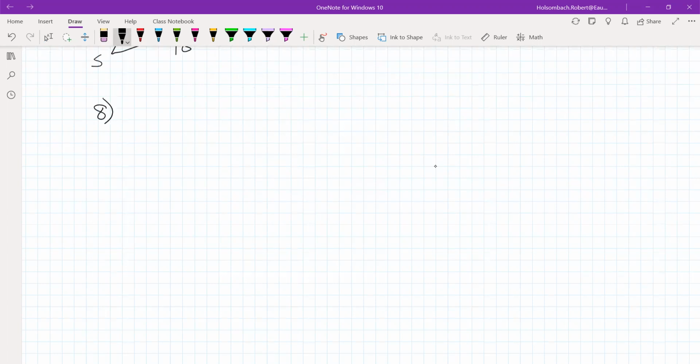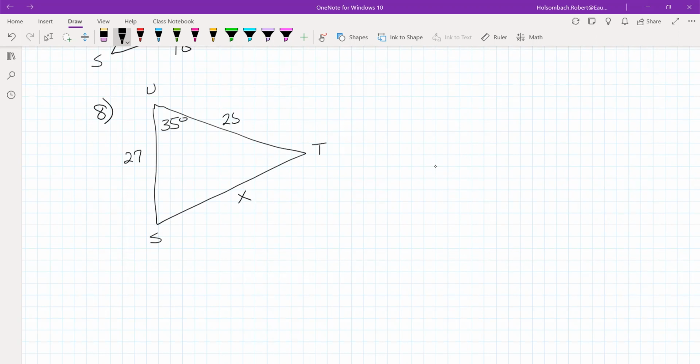We got problems 8, 9, and 10 left. So we're just about through this. So we got triangle UST again. Angle U is 35 degrees. Side ST is what we're trying to find. Our adjacent sides are 27 and 25.